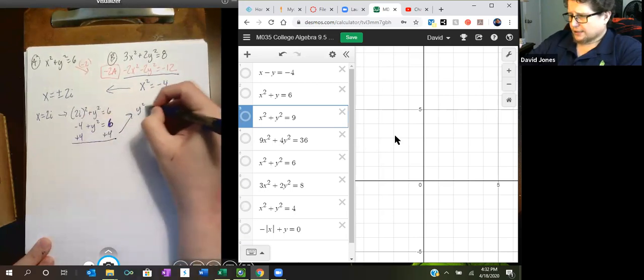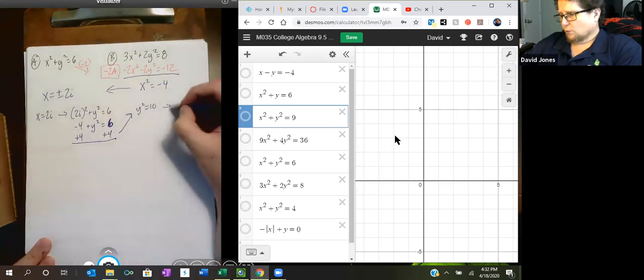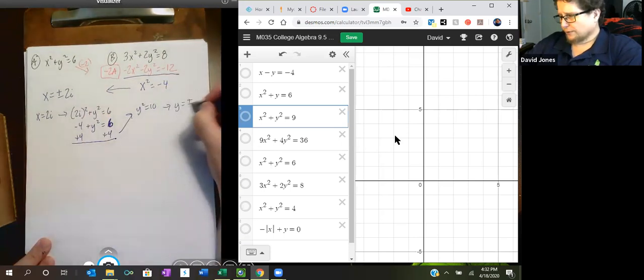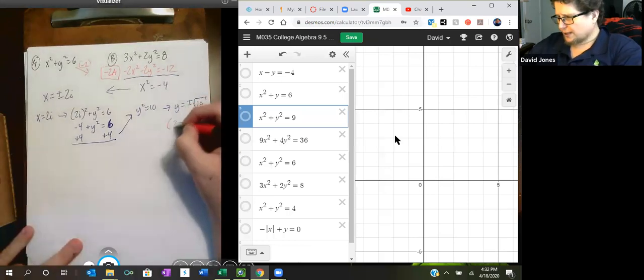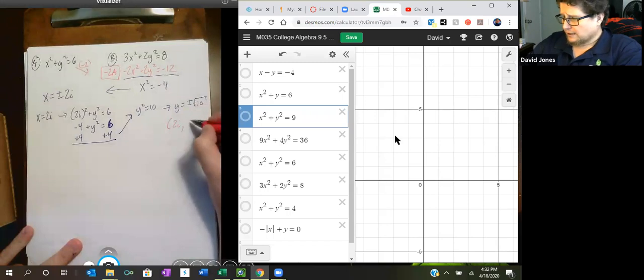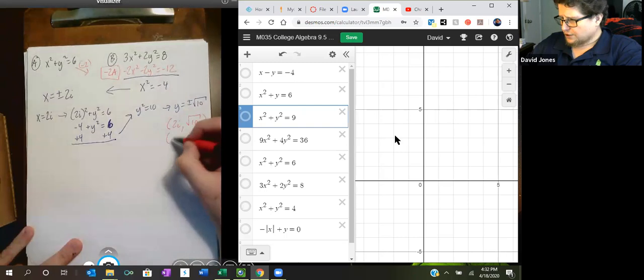Y squared equals 10. And we get y equals plus or minus the square root of 10. So two solutions are (2i, square root of 10), (2i, negative square root of 10).